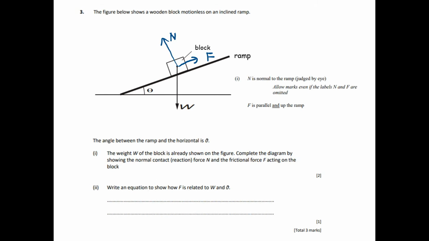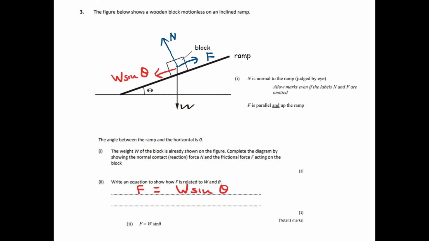Part 2. Write an equation to show how F is related to W and theta. And the answer is F equals W sine theta. The reason for that is that we're looking at the opposite side of this right angle triangle, where this is the angle theta.